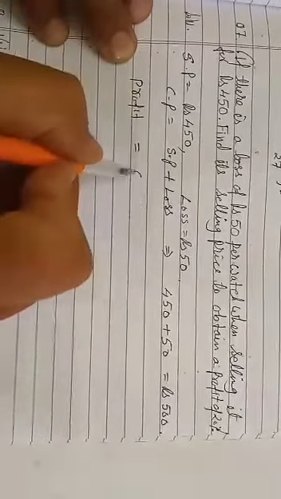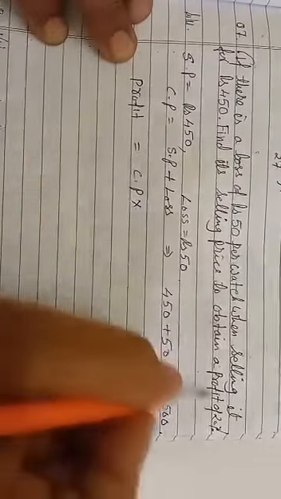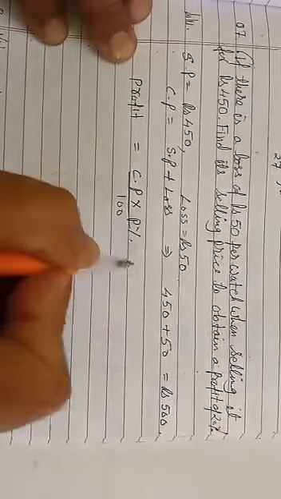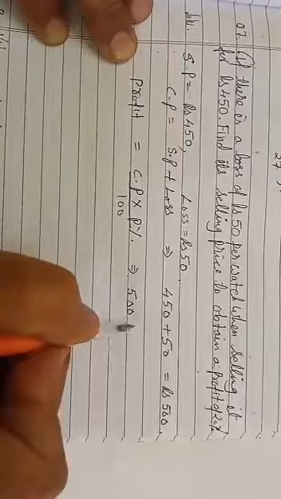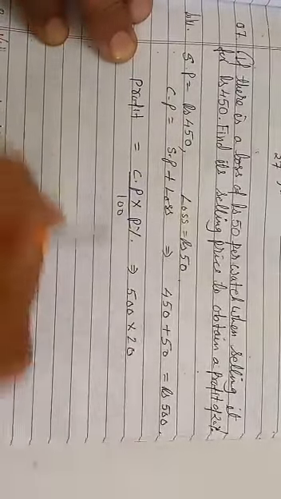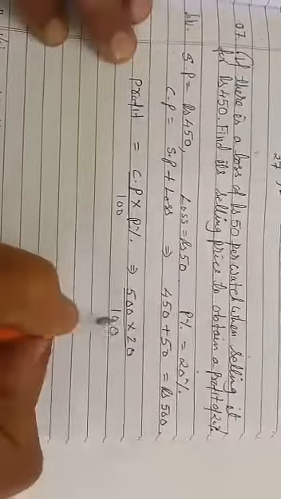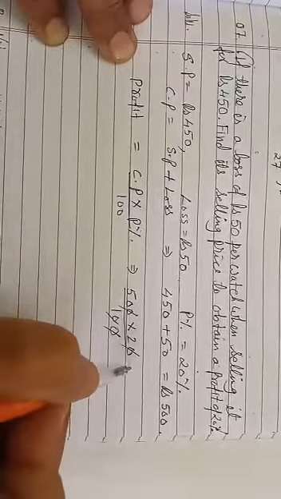Profit equal cost price into how much it is given? Profit percent upon 100. How much is the cost price? 500 is the cost price. Then multiply profit percent, how much it is given? 20% upon 100. Now you cancel this 0, 0, 0, 0. Then 50 into 2. How much?